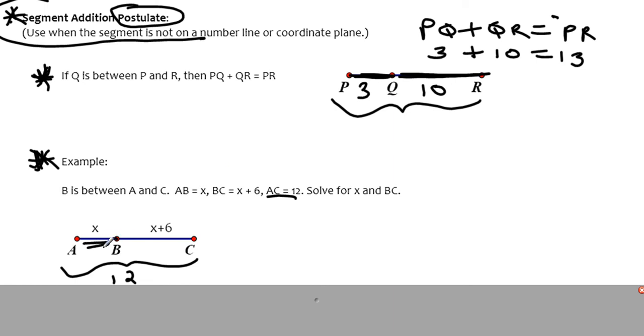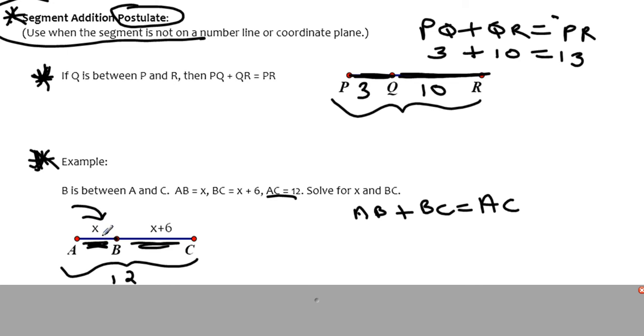So segment addition postulate, let's set it up before we start. We know that part of the segment AB plus part of this segment BC make up the entire segment from A to C. So this is the postulate as it pertains to our problem. Now we're going to do substitution.